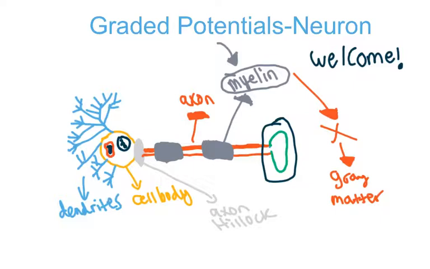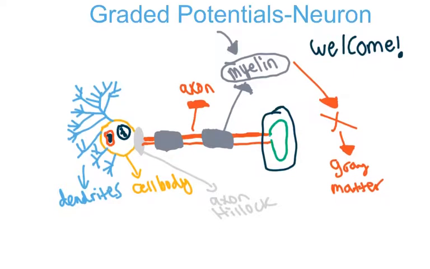And if the axons are myelinated, then we refer to those neurons as a whole as white matter. That's just good to know. So myelinated axons are white matter, non-myelinated axons are gray matter.